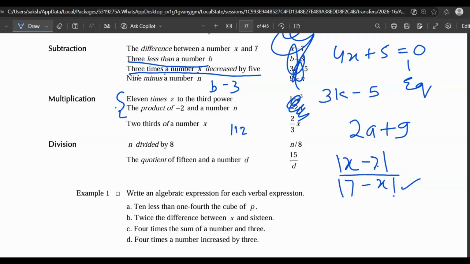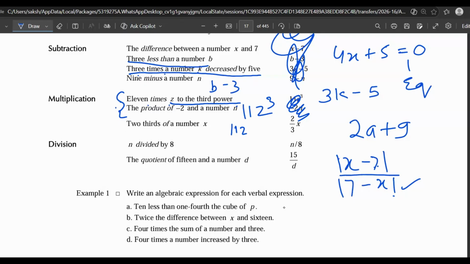Are you sure? Why not 11? Because the word is z to the third power. Yes. We first make z to the power of 3, and then we multiply this with 11. So 11 times z cube.